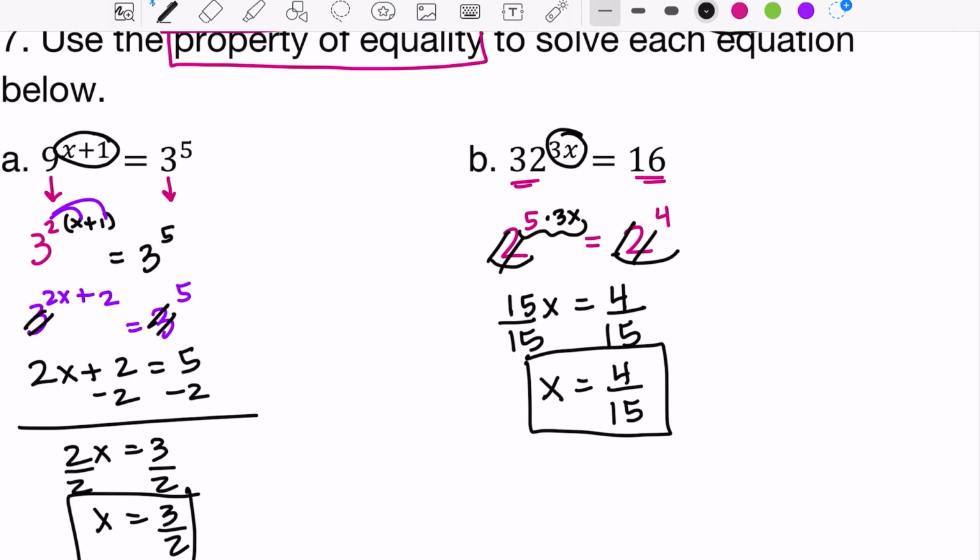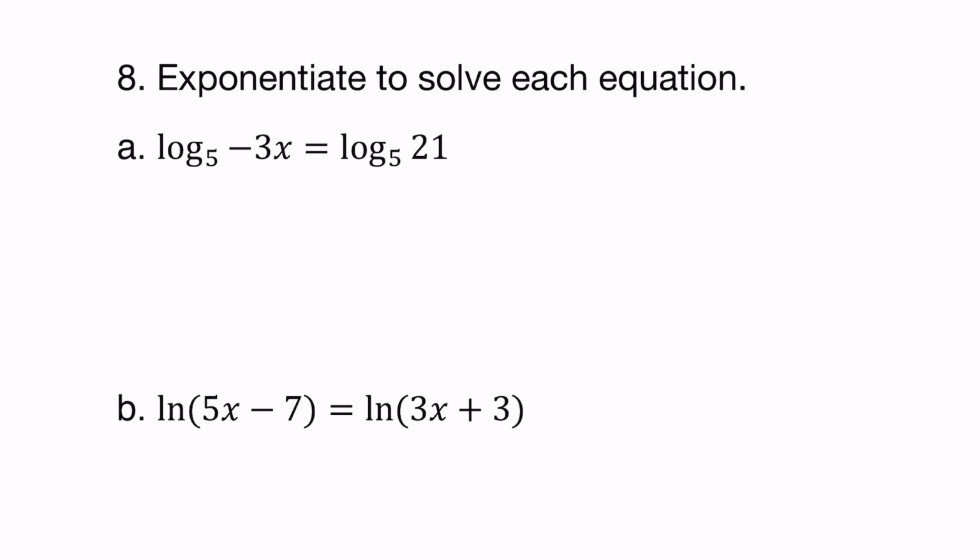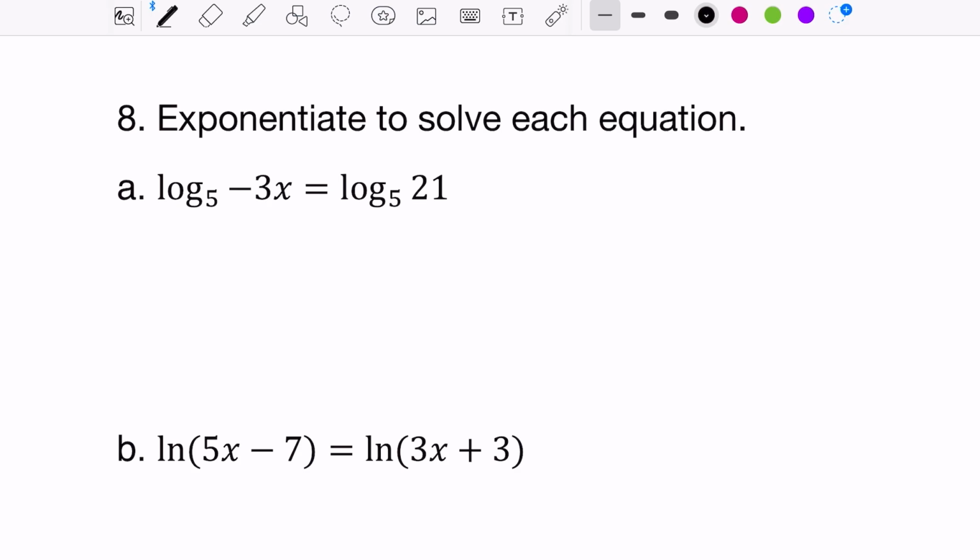Alrighty, let's go ahead and flip that paper over. And the next problem says to exponentiate to solve. And we talked about this in class that you can exponentiate to solve these, but we can also use the property of equality with these particular ones because they both have the same base.